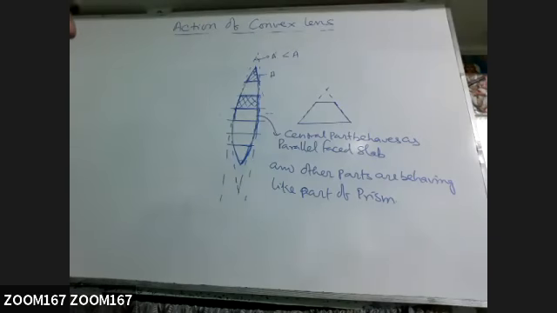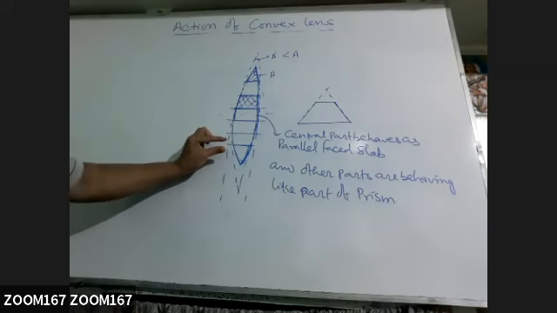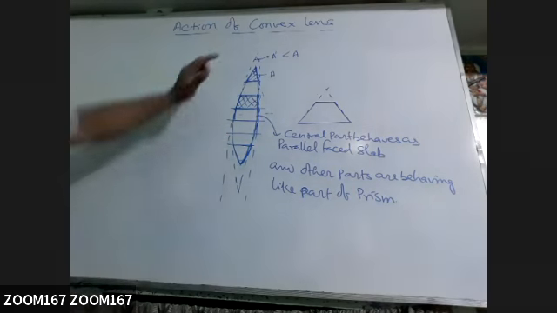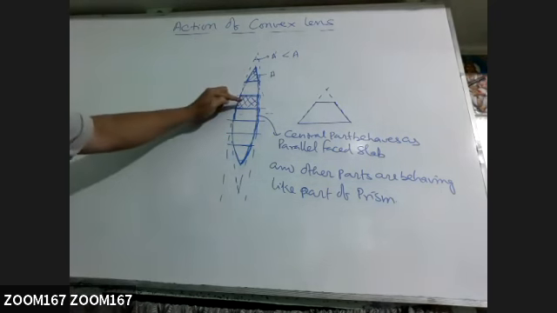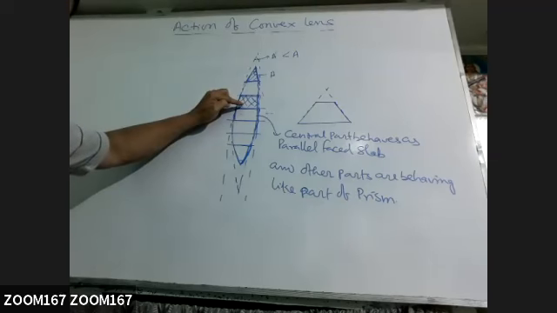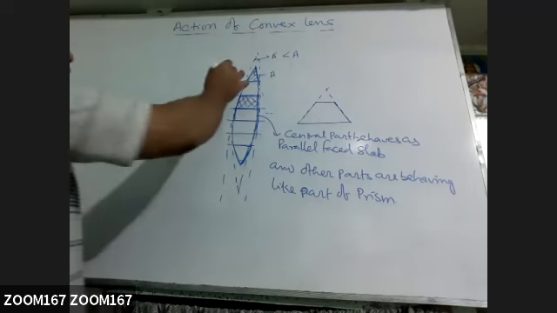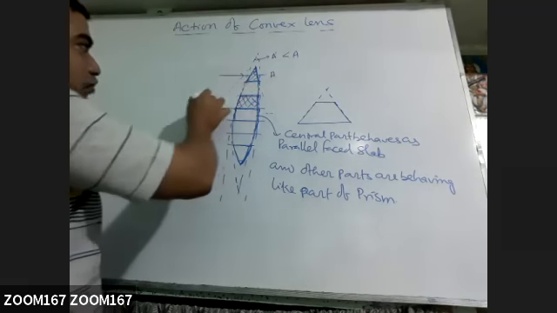So what I mean to say is, different parts of the lens are behaving as prisms of different angles. The angle of this prism is more, the angle of this prism is less. So what will happen if the ray is incident like this on both?